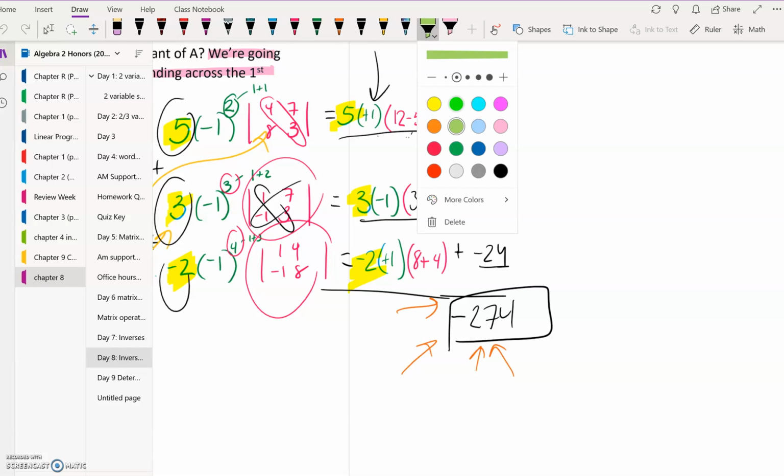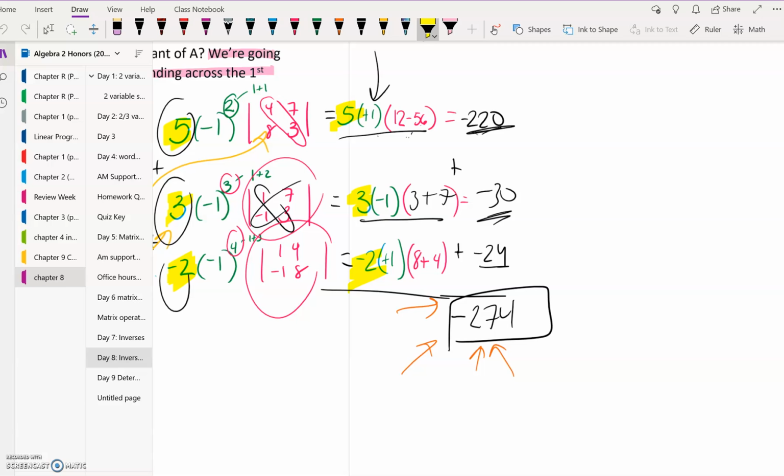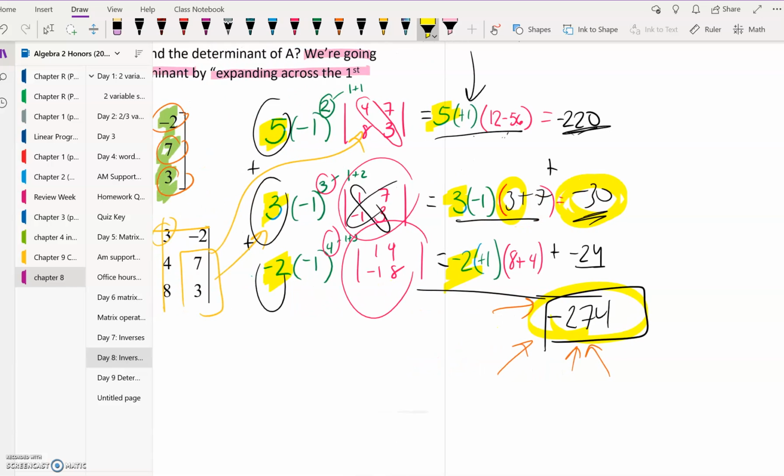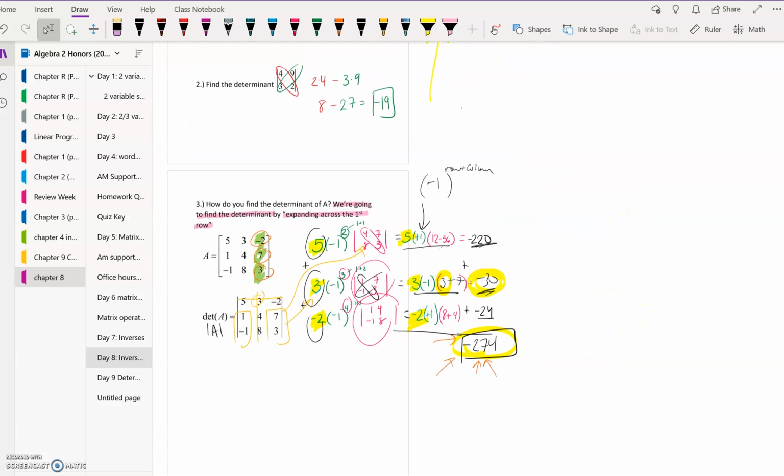Apparently when I multiplied, I decided that 1 times 3 was 21. So this number was wrong in my work from yesterday, and here's my new answer. So shout out to Maddie for figuring out my typo, because that was pretty sad.